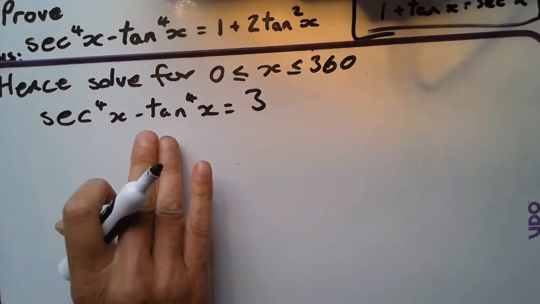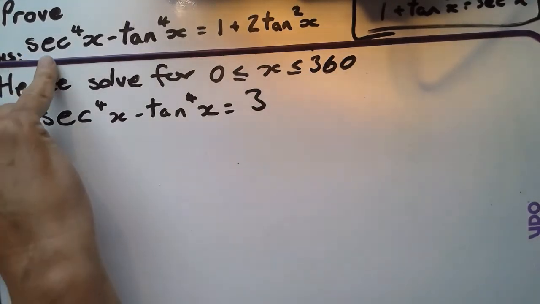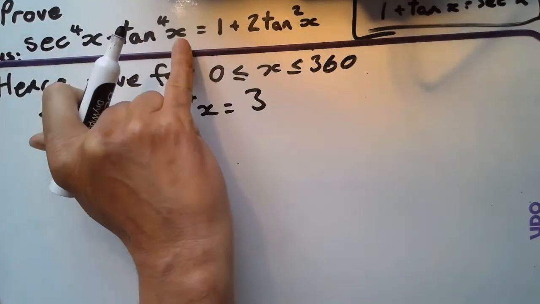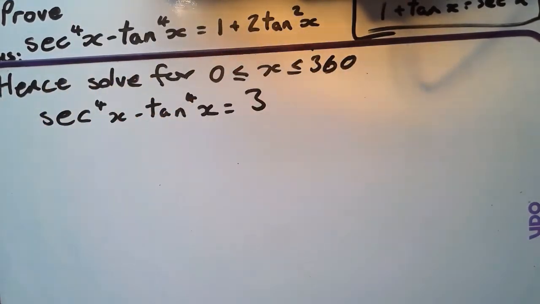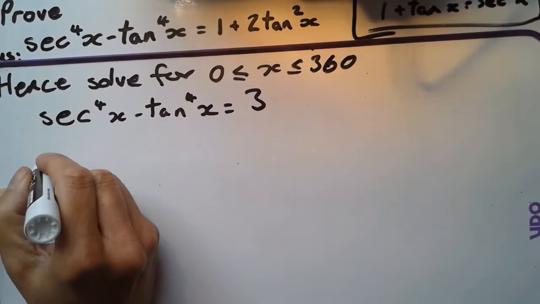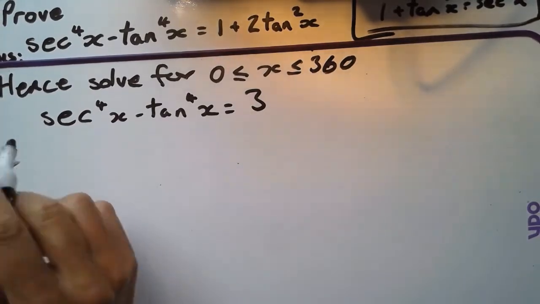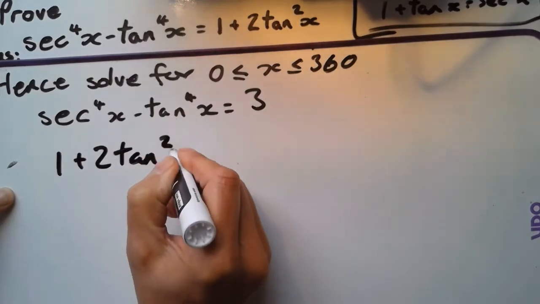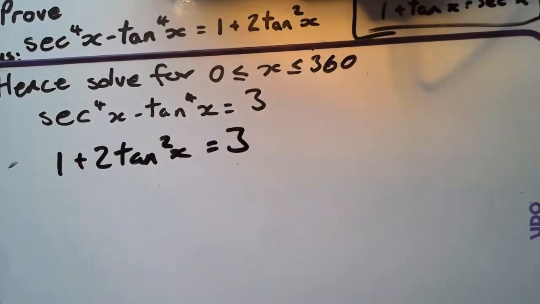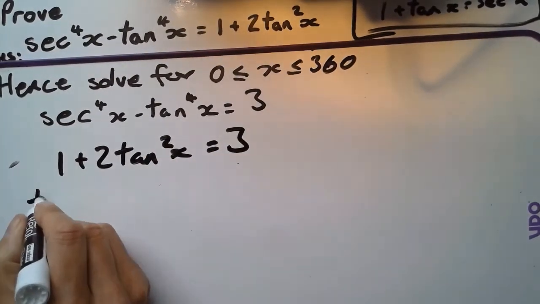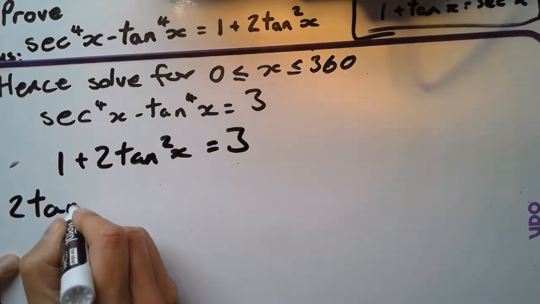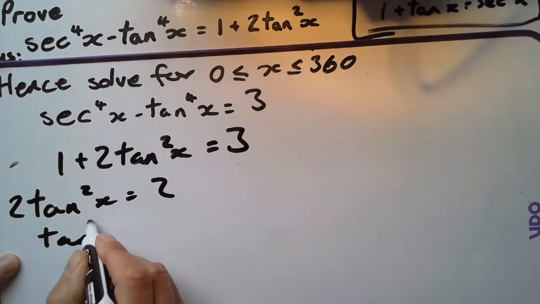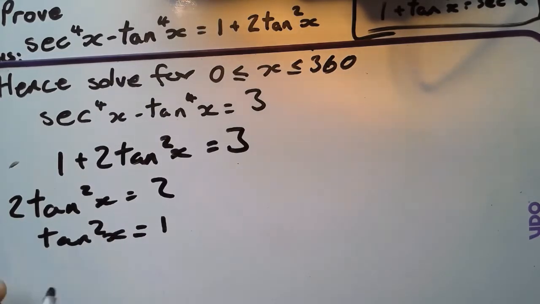We proved sec to the power of 4x minus tan to the power of 4x is equal to 1 plus 2 tan squared x. So we can rewrite that as 1 plus 2 tan squared x equals 3. Let's simplify from there. 2 tan squared x equals 2, so tan squared x equals 1.